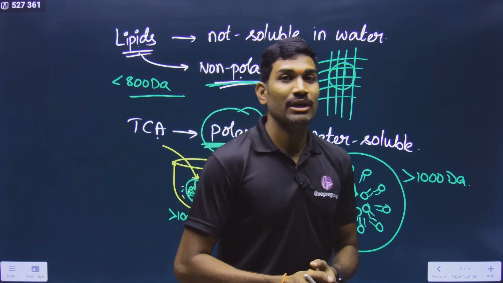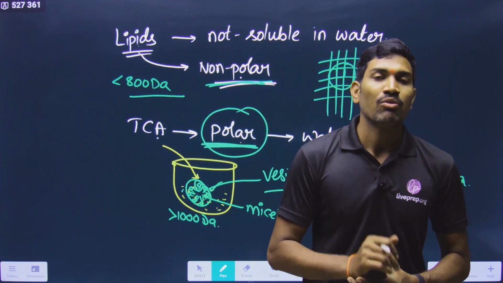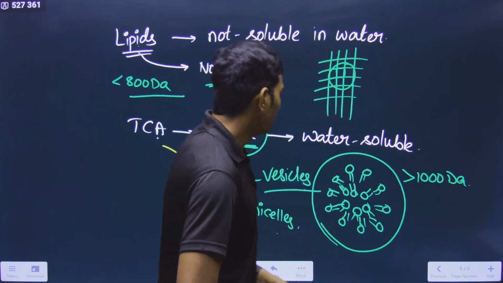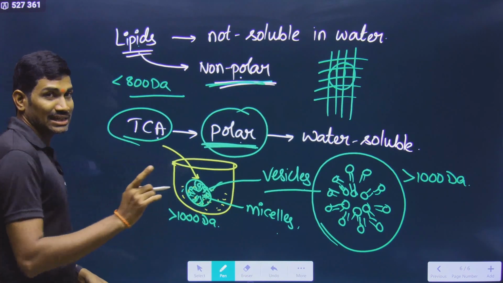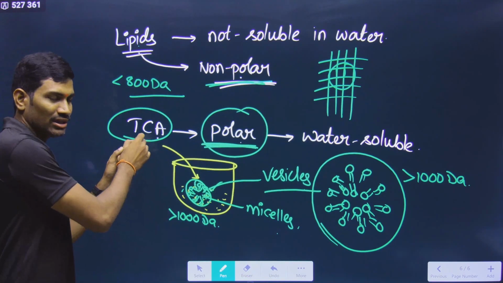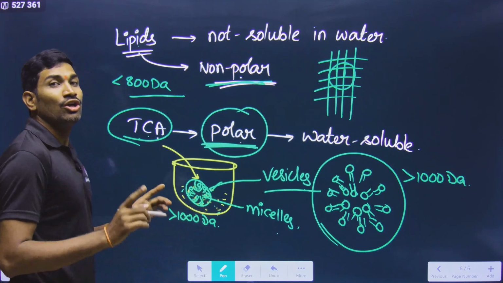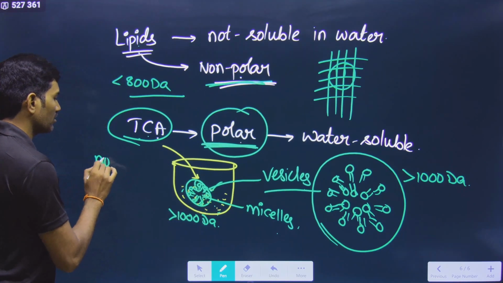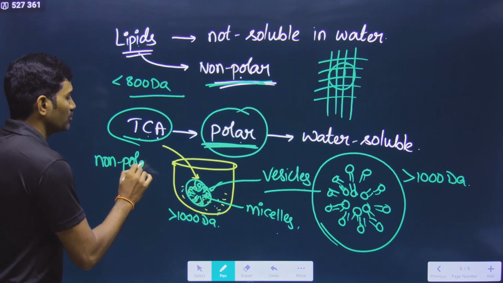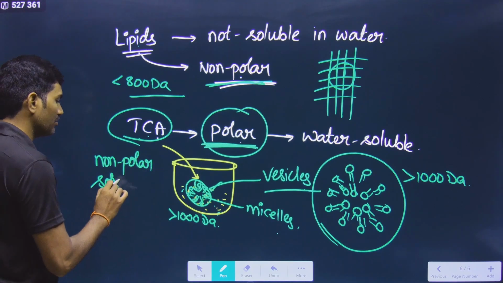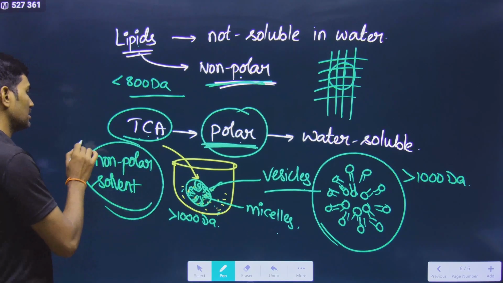And then they may ask one application question. What is that application question? Listen to the question carefully. Instead of trichloroacetic acid, in this experiment, suppose you are using a non-polar solvent. Please remember, this is an if condition.